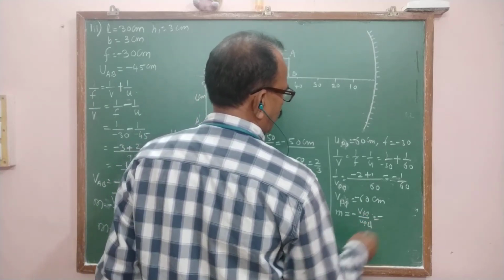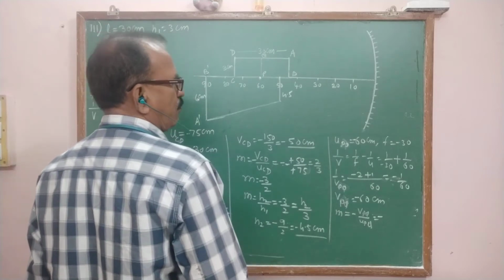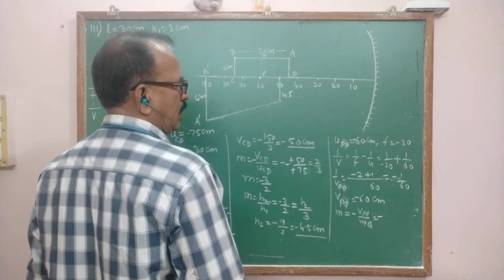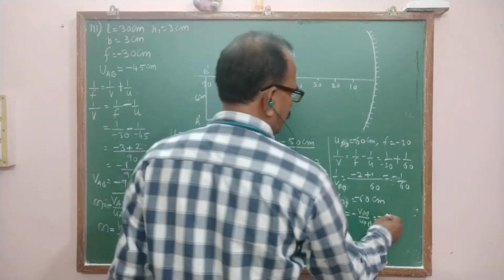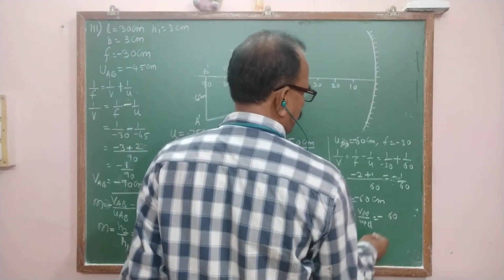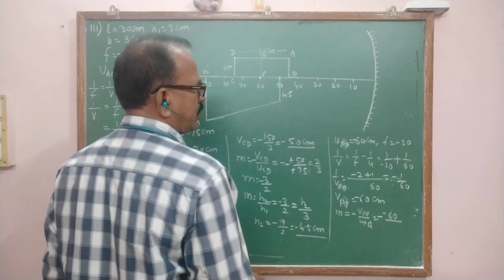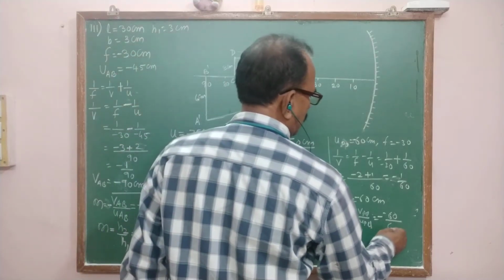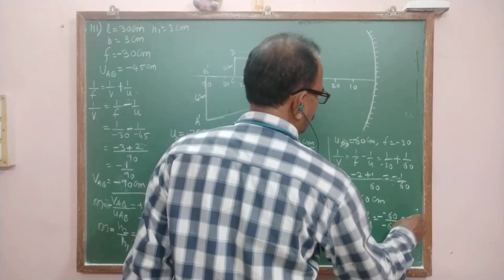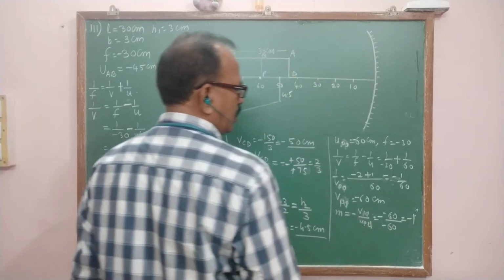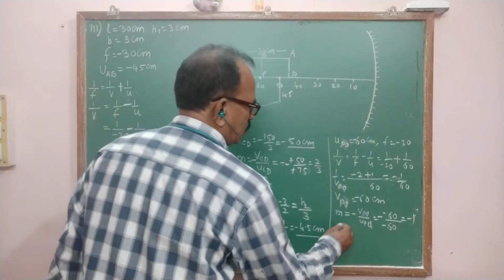So V is equal to minus 60, and U, the object, is also minus 60. So that is equal to minus 1. So magnification is 1.